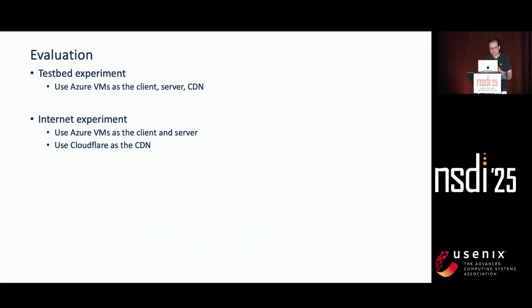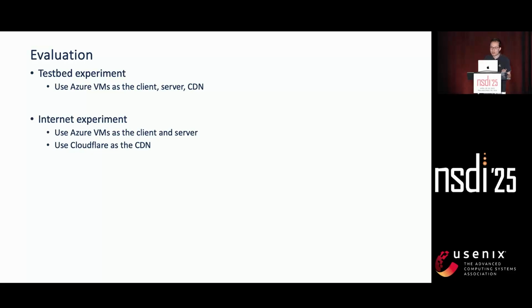Finally, to evaluate PreAcher, we set up two experiments. One is the testbed experiment. Another one is the internet experiment. On our testbed, we use Azure VMs as the client, server, and CDN. On the internet experiment, we use Azure VMs as the client and server, but we use Cloudflare as the CDN.